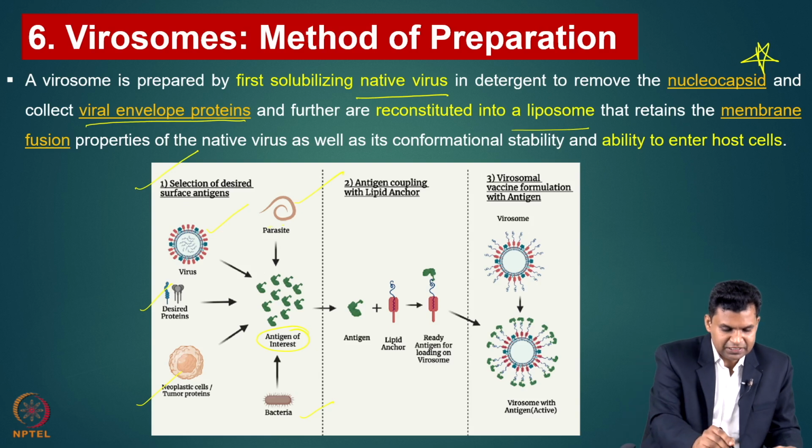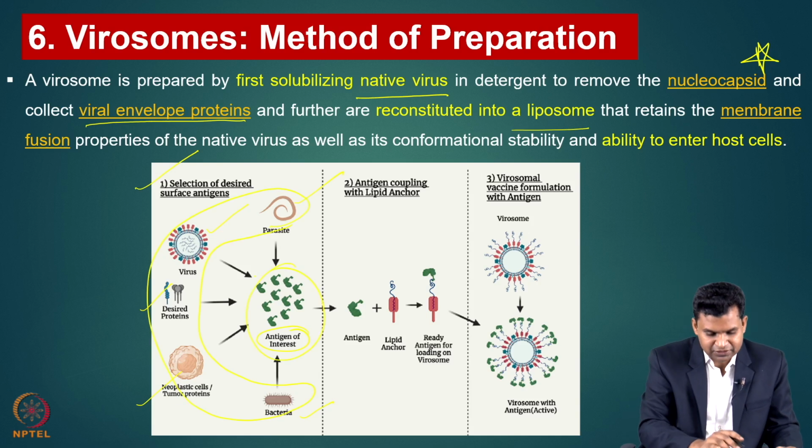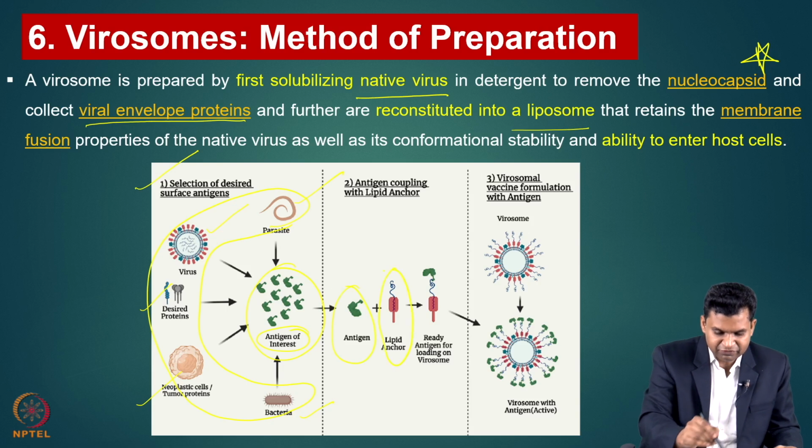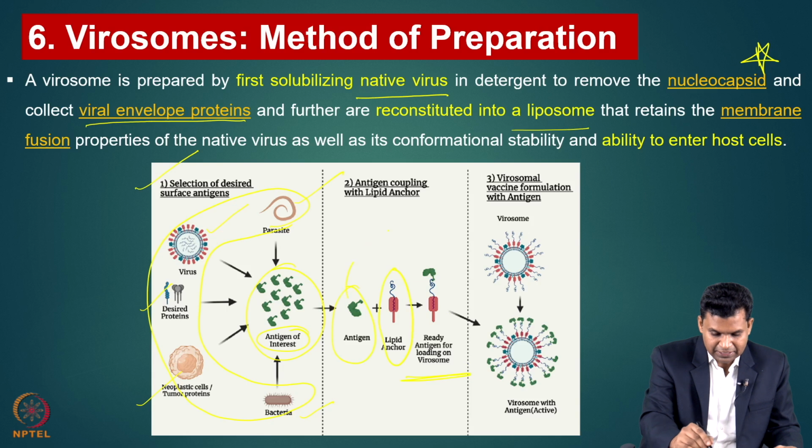With the desired microbial species, you need to extract the antigen of interest. After that, collect that antigen, select your required lipid, and make a conjugation between the antigen and the lipid.